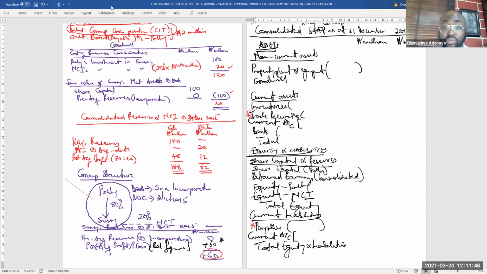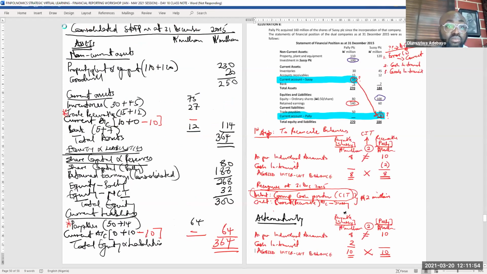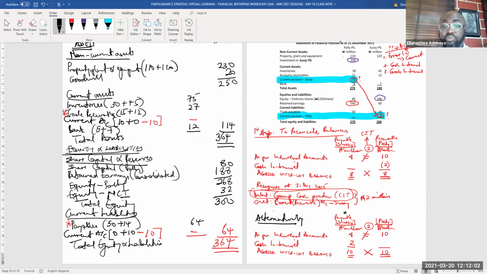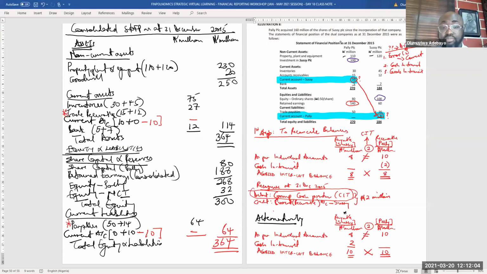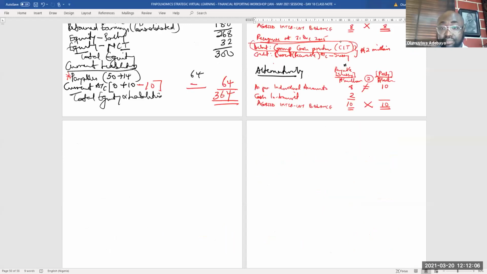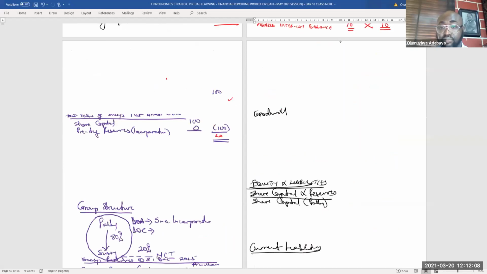PPE: $110 and $120. That's $230. Goodwill is 20.